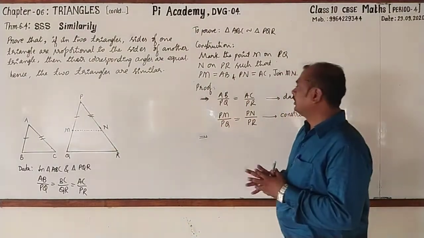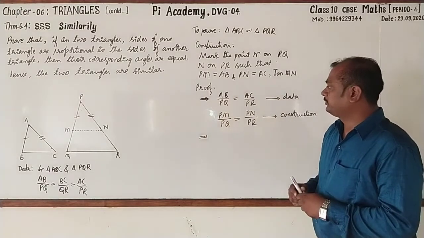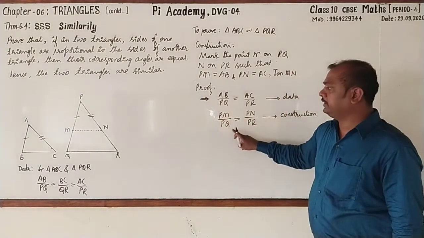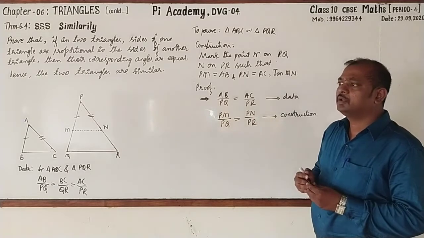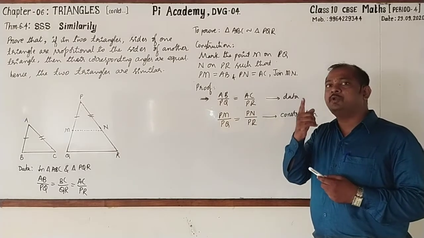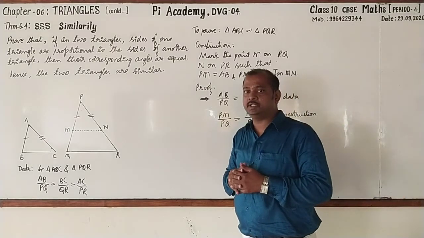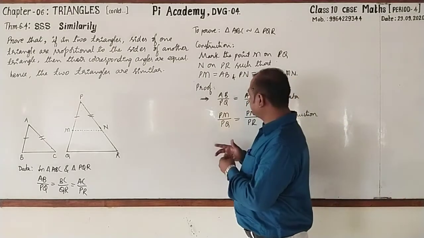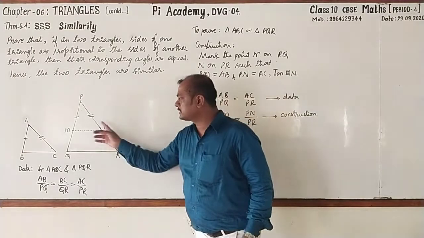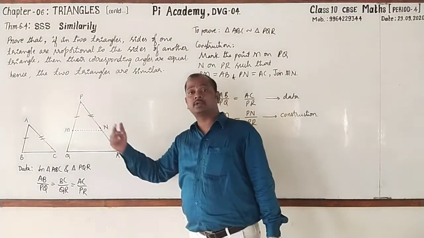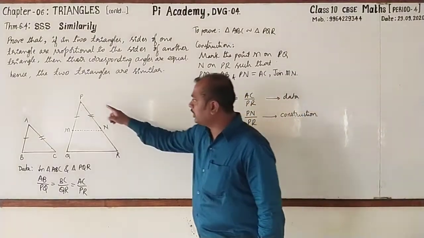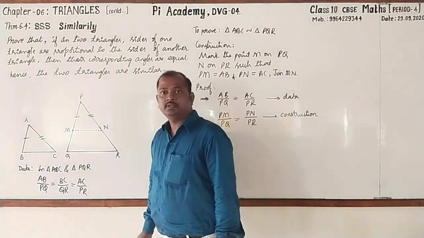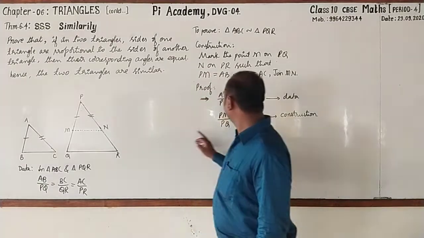Followed. Okay. Observe here. Here they have given PM by PQ, then PN by PR. You may be thinking, sir, we know the converse of BPT. Then is it possible to prove this MN parallel to QR according to the converse of BPT? That chance is also there. But we want PM by MQ and PN by NR.